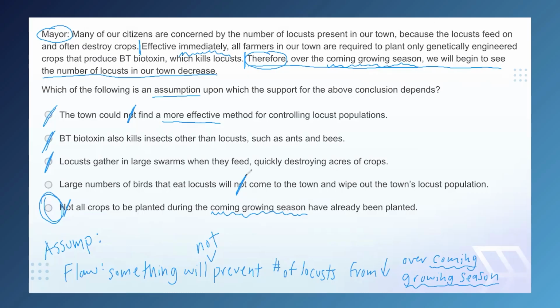This is the opposite of a flaw. So if the negated version is the opposite of a flaw, that means that the non-negated version is the opposite of an assumption. This one's kind of tricky because it seems like it's going to be relevant, but it is once again an opposite answer choice. Incorrect.